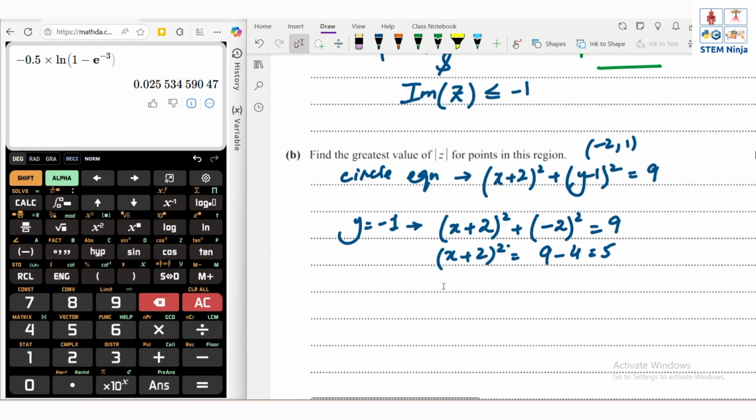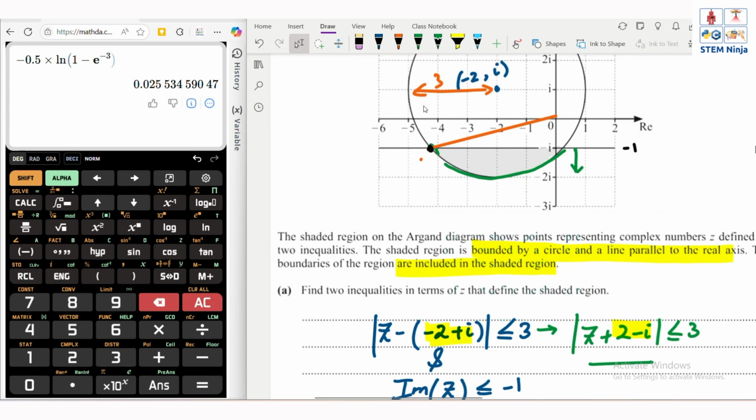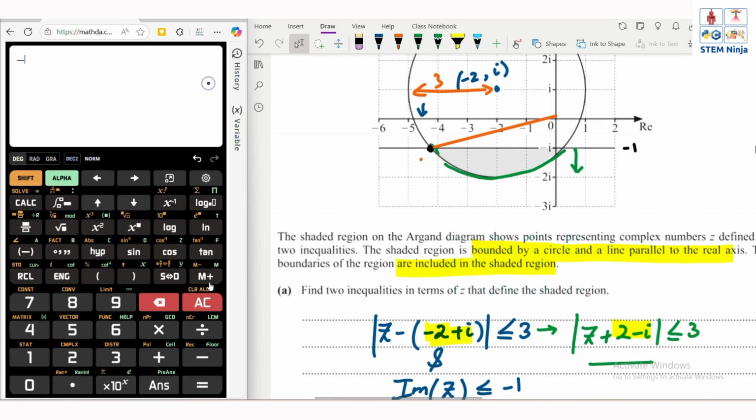Now when we take the square root on both sides, we get plus minus root 5. That means we have either -2 minus root 5 or -2 plus root 5. Now we need the negative number to be in between -4 and -5. -2 minus root 5, as you can see, is in between that.